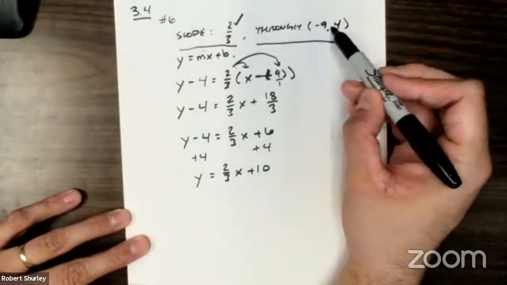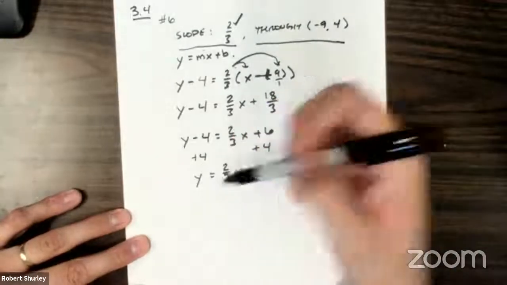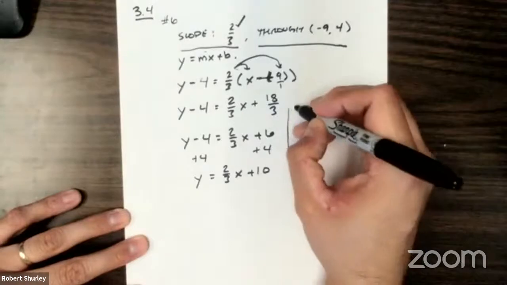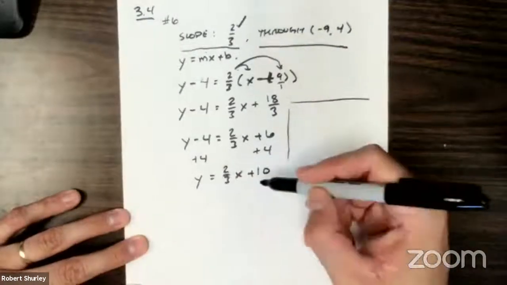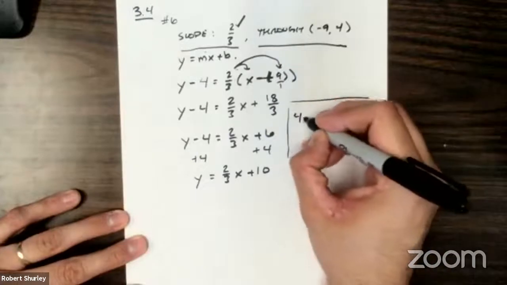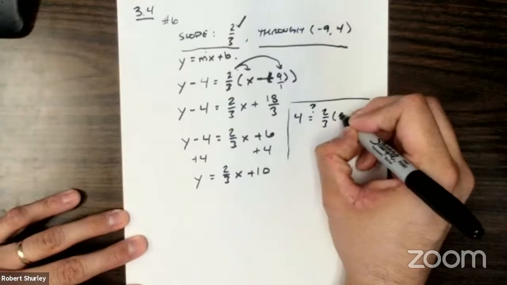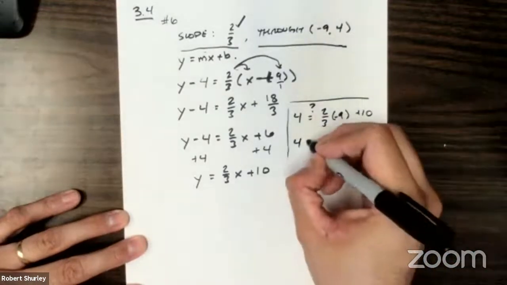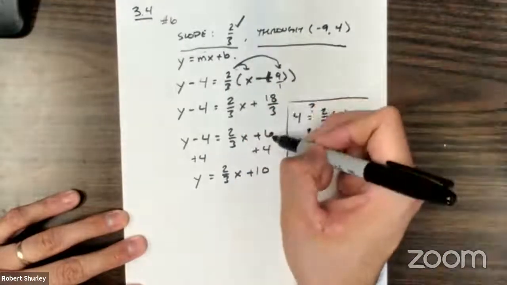Now, if I want to know if it goes through (-9, 4), I can plug that in. Remember, that was the very first thing we went over today, plugging it in. So I'm going to do this on the side over here. I'm going to plug -9 into this equation. So I want to know if 4 equals 2/3 times -9 plus 10. Well, I know 2/3 times 9, we did that just a second ago, and it wound up being 6.